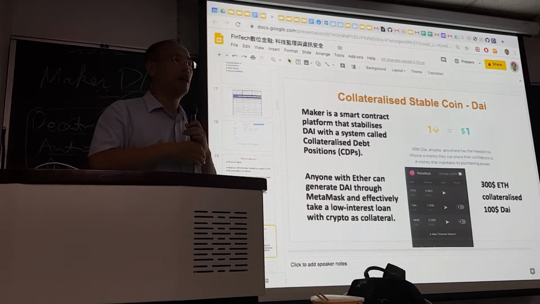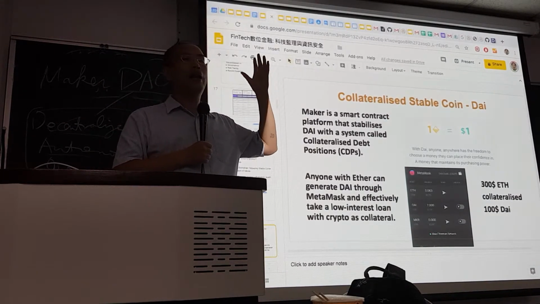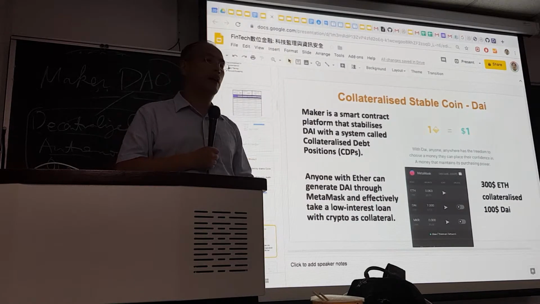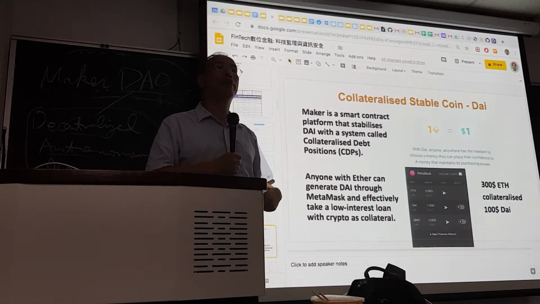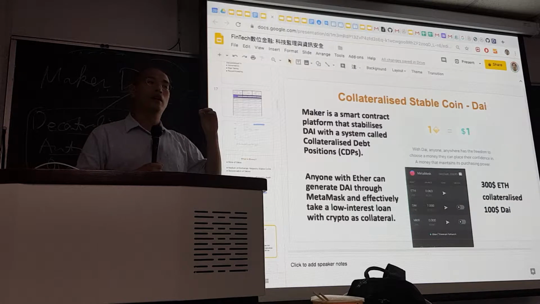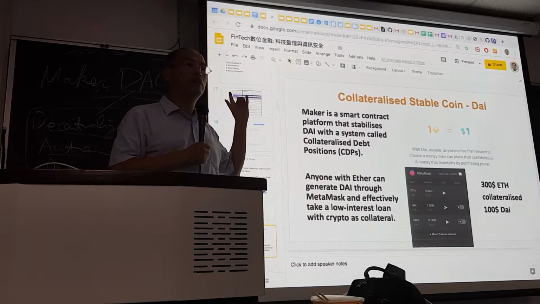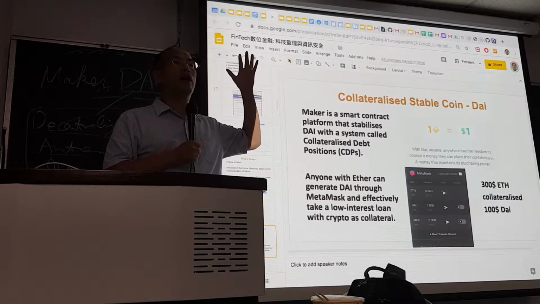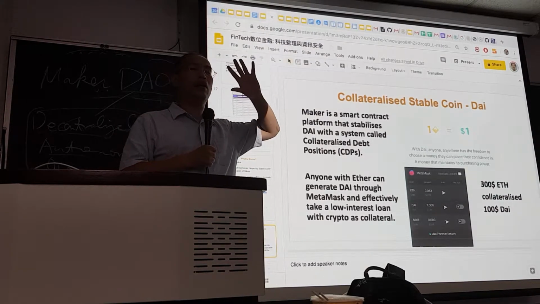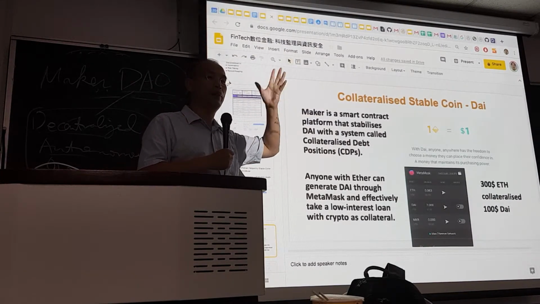But you may ask, what happens if the Ether price drops? Don't worry, because it's all on smart contracts. I say everything in terms of Taiwan dollars, but you know what I mean.